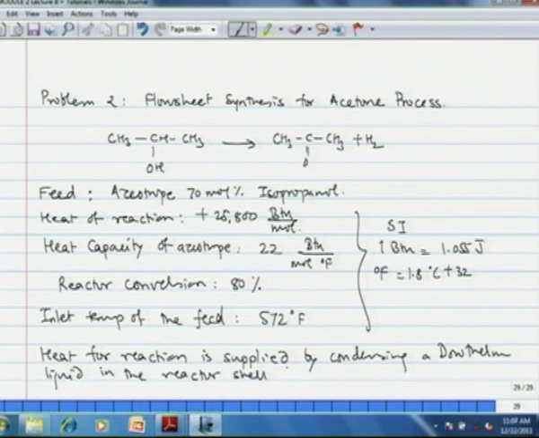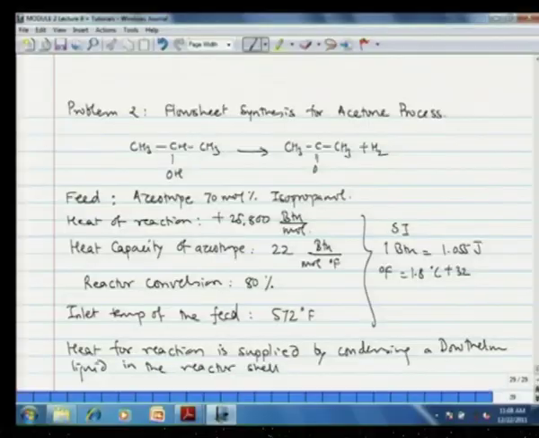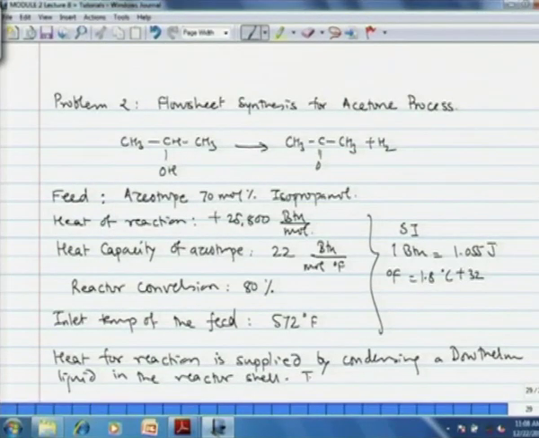The reactor is essentially a shell and tube heat exchanger in which the tubes are packed with the catalyst and the reactant isopropanol flows in the form of vapor over the catalyst, and the heat is supplied by condensing vapors of Dowtherm liquid into the shell of that particular heat exchanger. The temperature of condensation of the Dowtherm liquid is 600 degrees Fahrenheit.